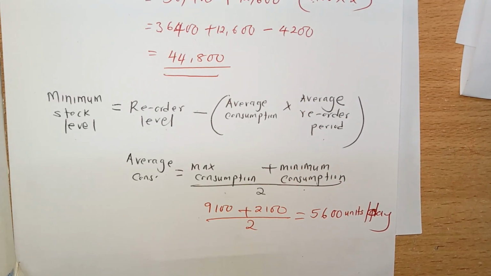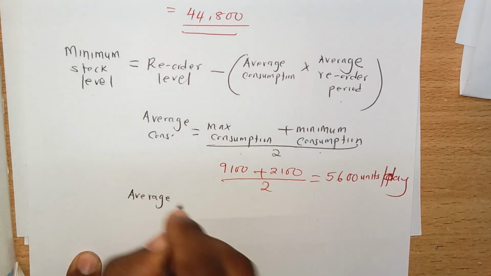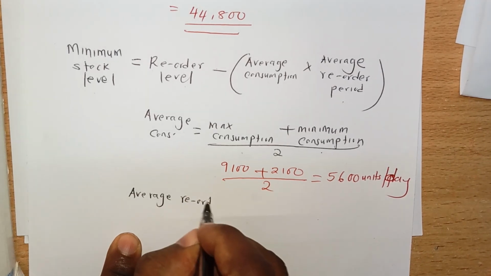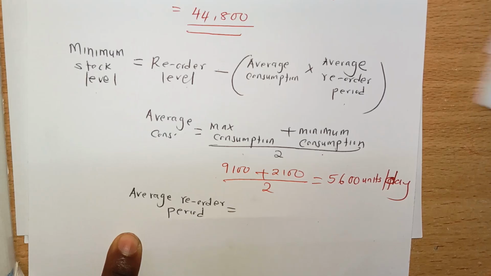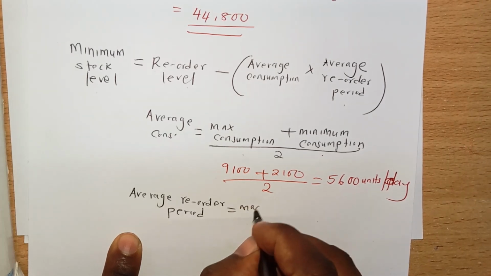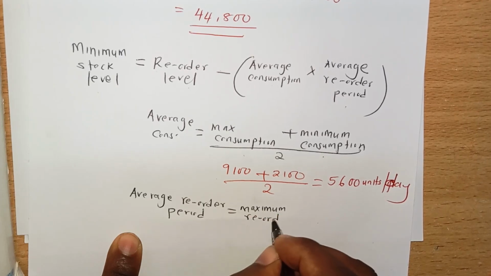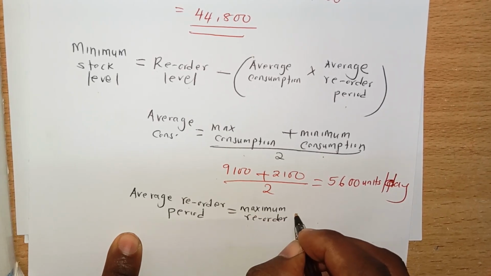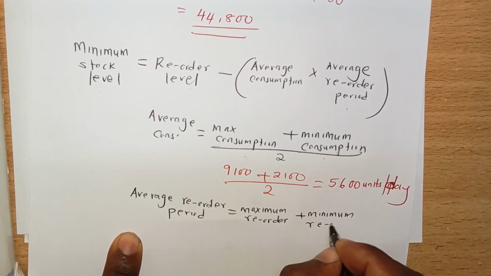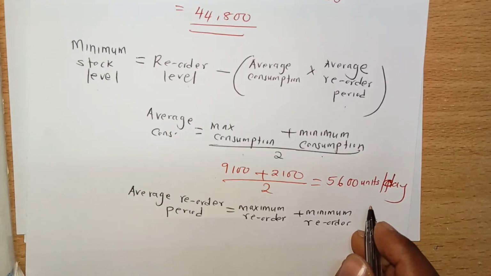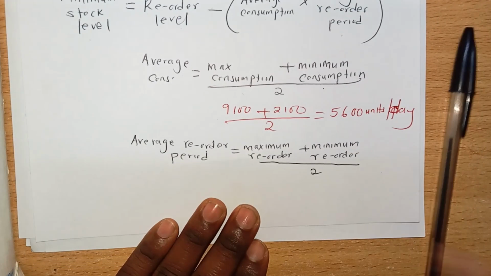Let us now proceed to the average reorder period. Average reorder period is given as maximum reorder period plus minimum reorder period, then you divide by 2.